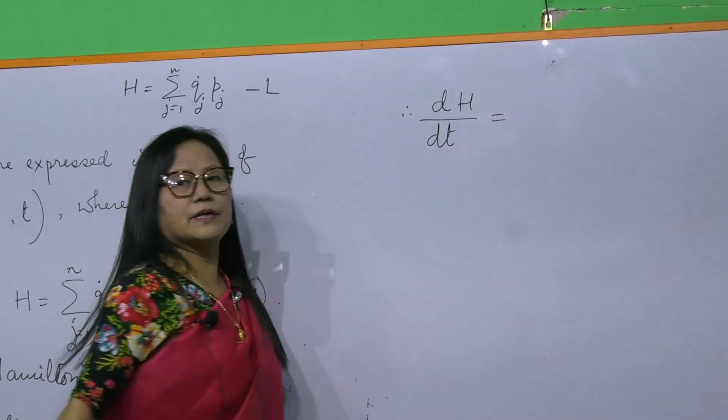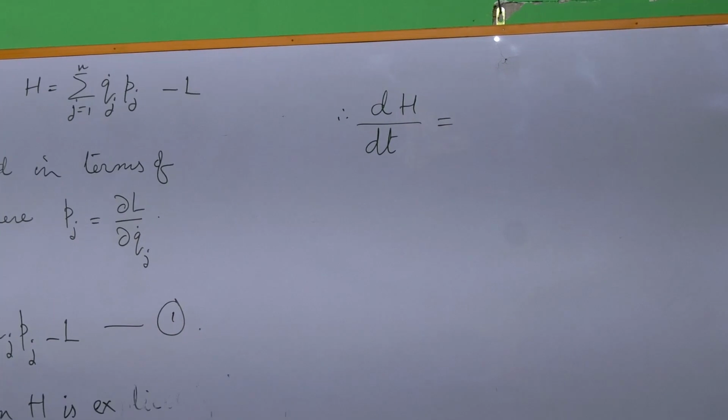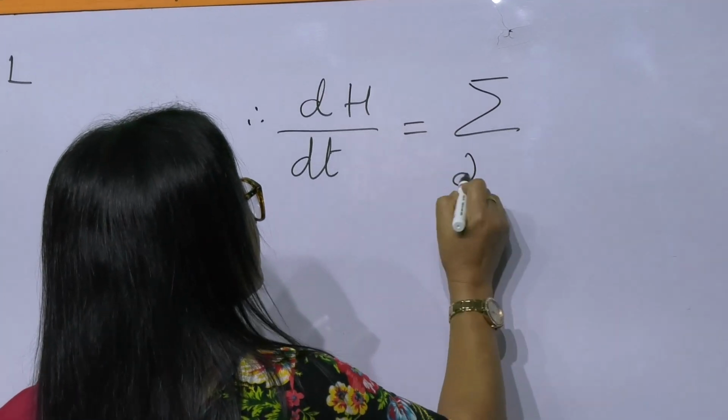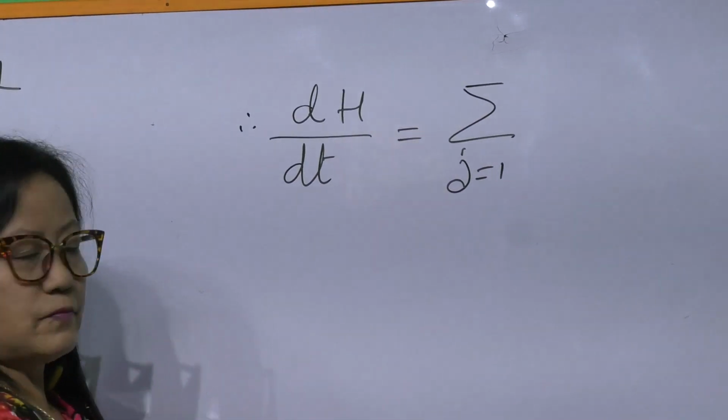dH by dt becomes, if we differentiate, summation of j ranging from 1 to n.